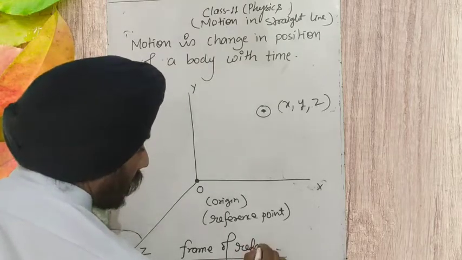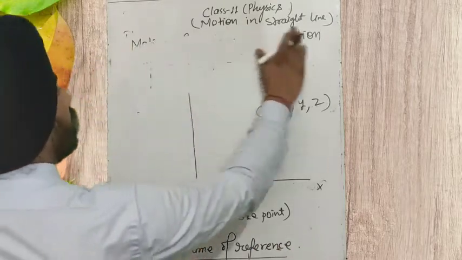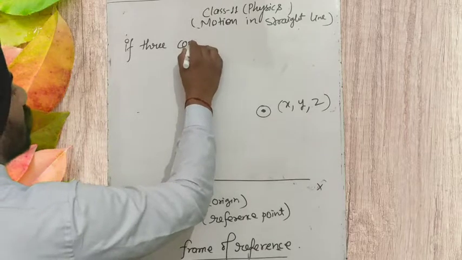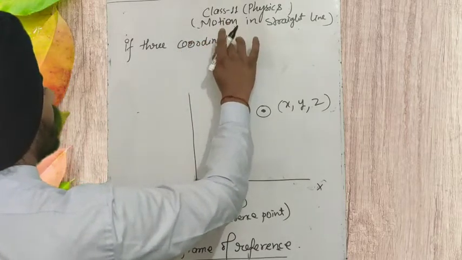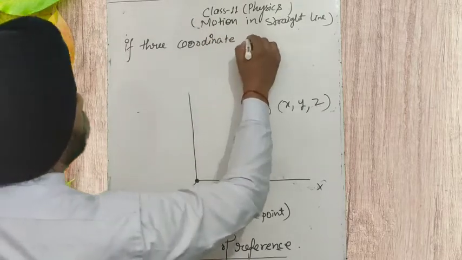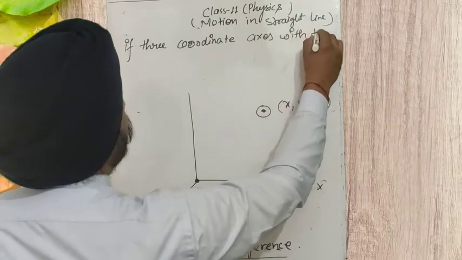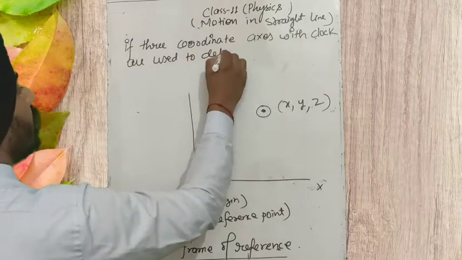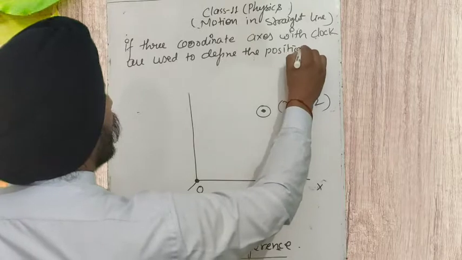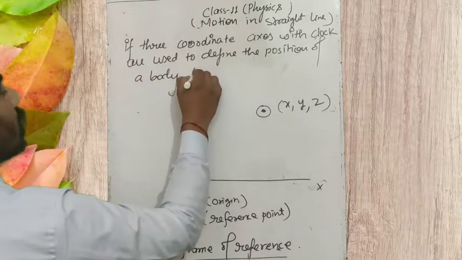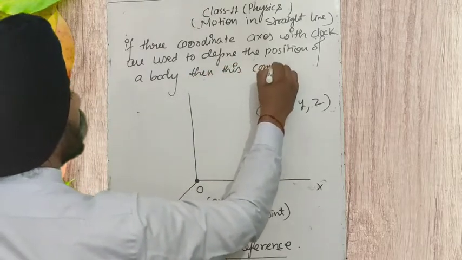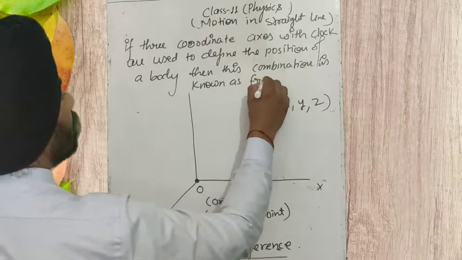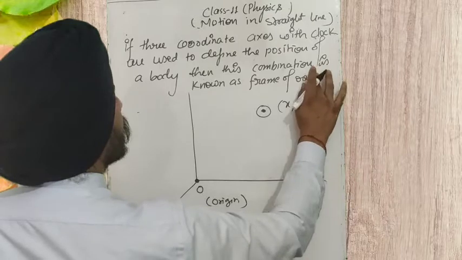Frame of reference is, here I am writing the definition: if 3 coordinate axes with clock are used to define the position of a body, then this combination is known as frame of reference.